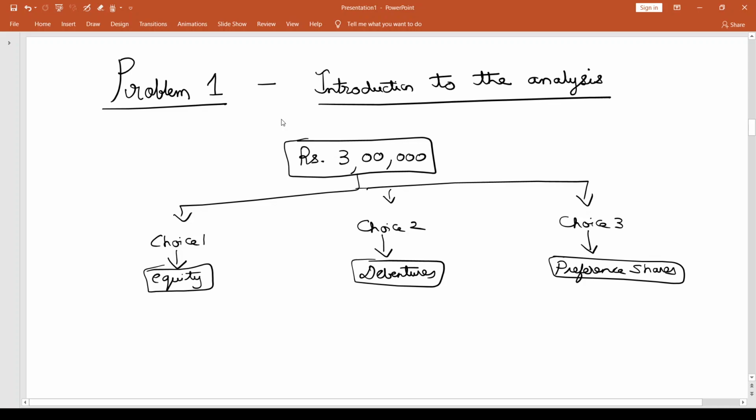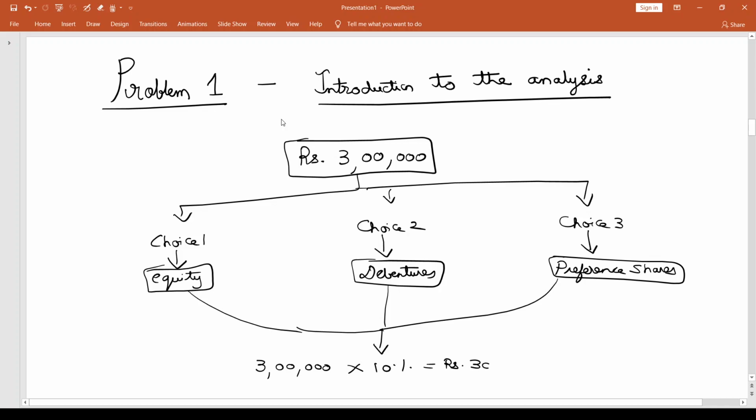So if I invest 3 lakhs, whatever source it is, I am going to be getting 3 lakhs into 10%, which is 30,000. So this is the operating profit that this investment would give me.